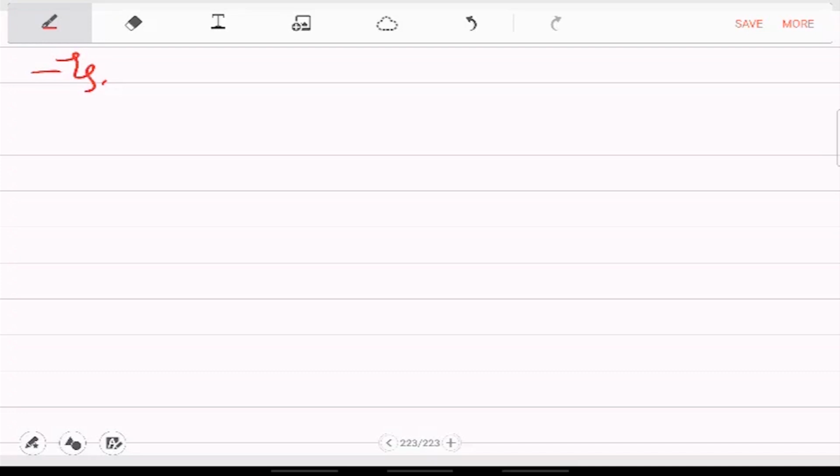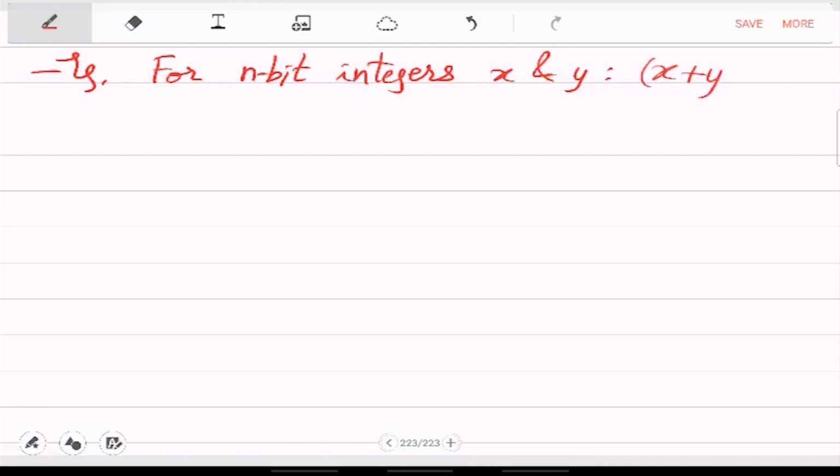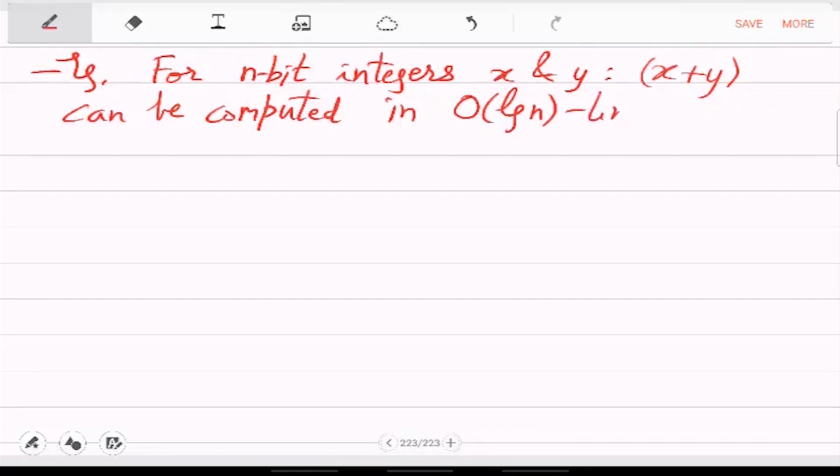Yeah, so show that for n bit integers x and y, x plus y can be computed in only log n time, if you use many processors, so by using order n processors.